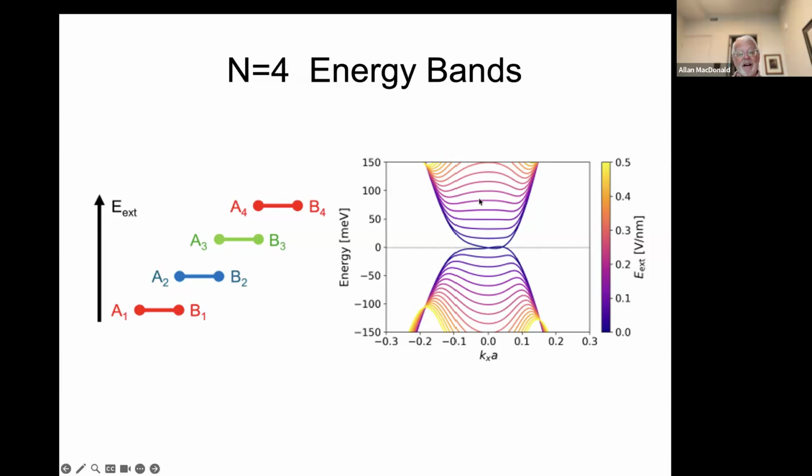But this on-site dispersion also starts to become important at larger displacement fields, and the two effects sort of cancel against each other. That makes the bands even flatter. And importantly, it gives rise to these minima in the band structure at finite k. So the first states that are occupied, in the region where most of the interesting states that are seen, are actually at large k, not at small k. And I'll emphasize that as I go along.